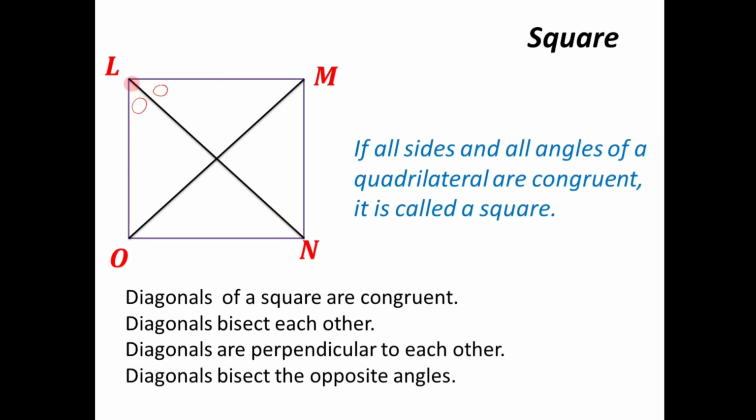Here the opposite angle of angle L is angle N. So diagonal LN also bisects angle N. That means angle ONL must be congruent to angle MNL. In this way, the next property holds that diagonals of a square bisect opposite angles. The same property is there for the other diagonal also, that is diagonal OM also bisects the opposite angles.